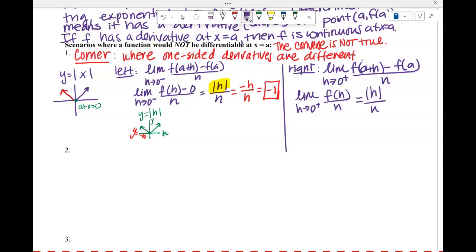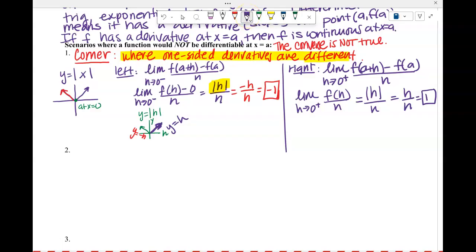Because we are coming from the right side, it is this piece of the graph, so we're going to take y equals positive h, so positive h over h, which is going to be positive 1. Now, if we look at this, the limit exists from the right side and the left side, except that they are different, meaning that they are not the same.